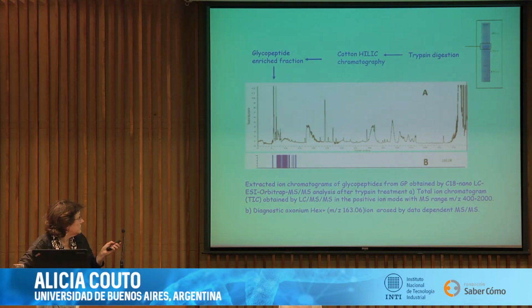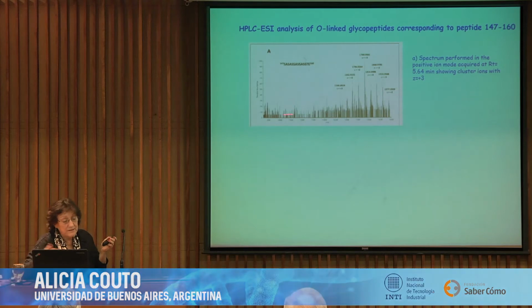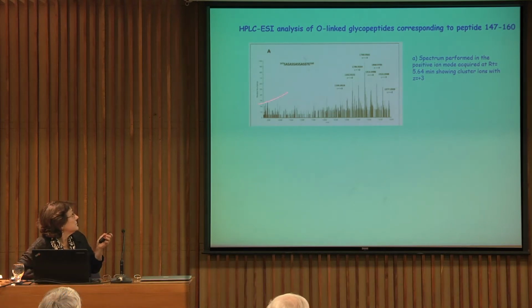So we looked into this region and we obtained in the spectra at 5.6 minutes a cluster of ions with charge +3 corresponding to this peptide that was in the known protein sequence, bearing 21 to 29 hexose units.